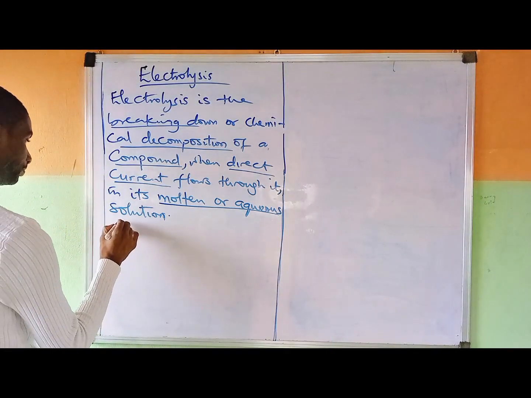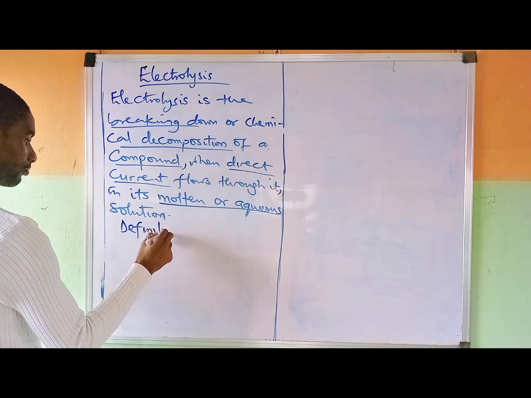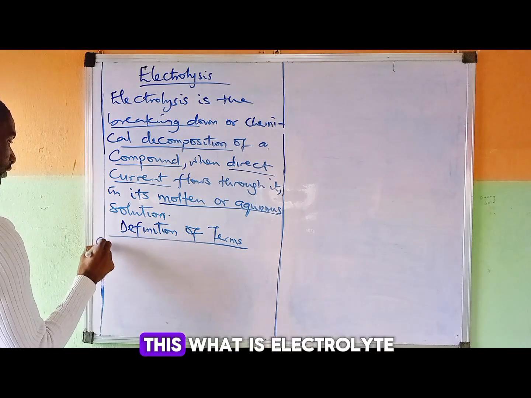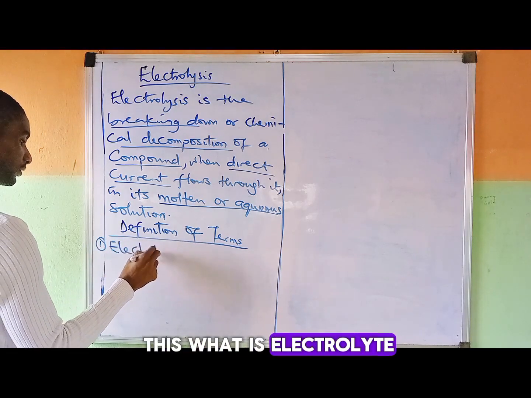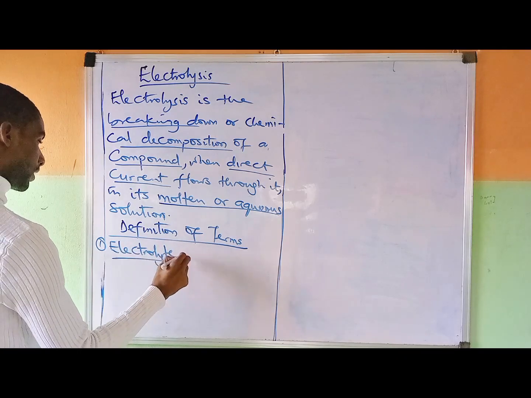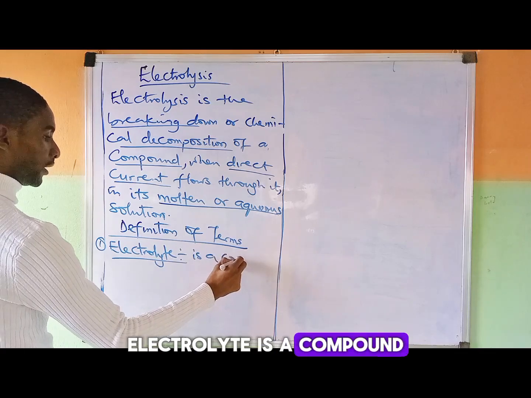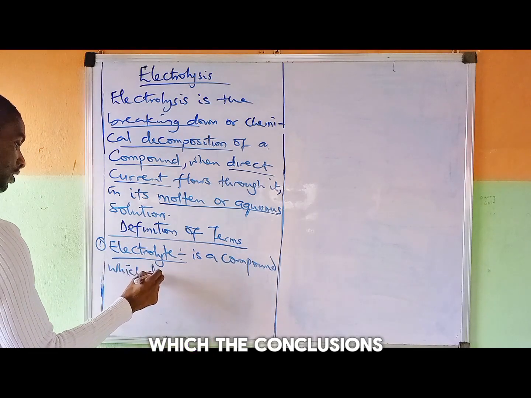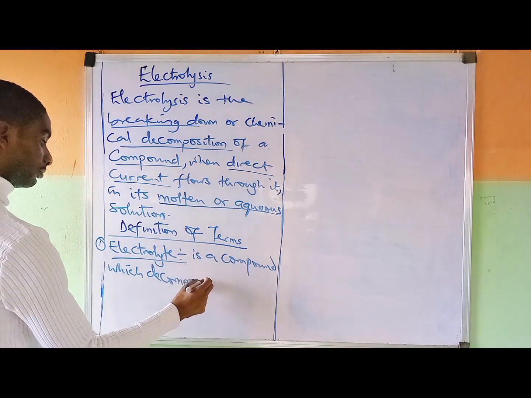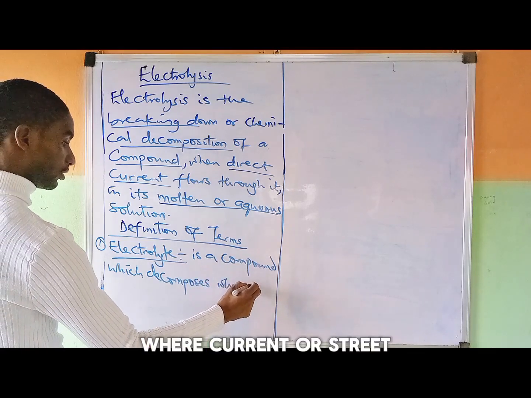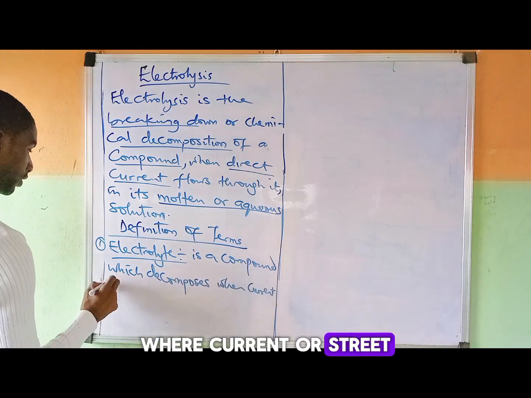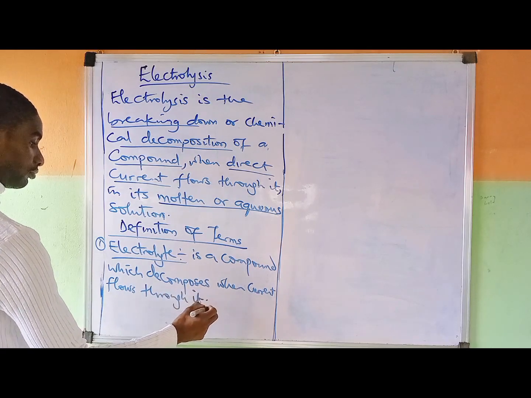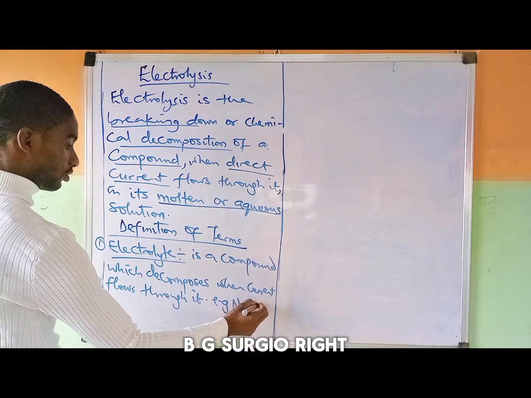Number one, what is an electrolyte? An electrolyte is a compound which decomposes when current goes through, e.g. sodium chloride.